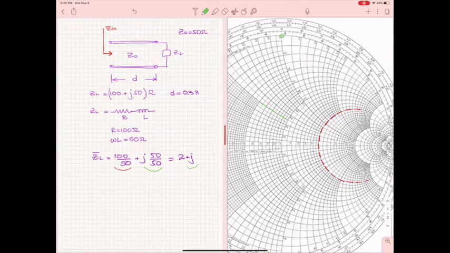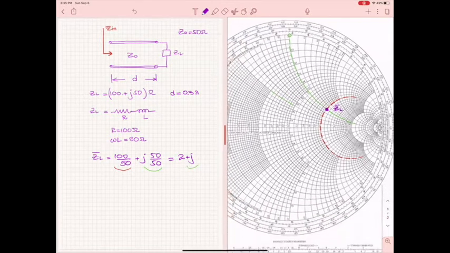I'm drawing this circle where all of the points have the same normalized reactance. And therefore my Z_L is right here. That's my Z_L.